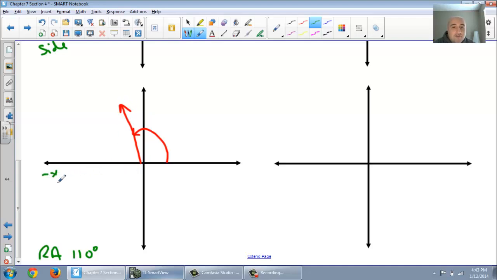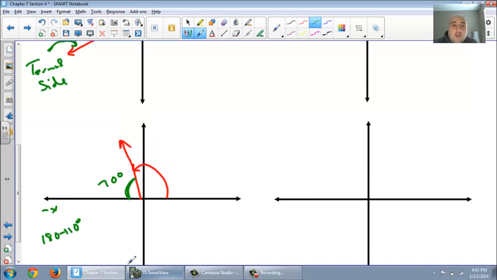If you're on the left, your nearest x-axis is this negative x-axis. So how far is this angle from 180? 180 take away 110 is how much? Hopefully you see that that is a 70 degree angle. So my reference angle for this one is 70 degrees.